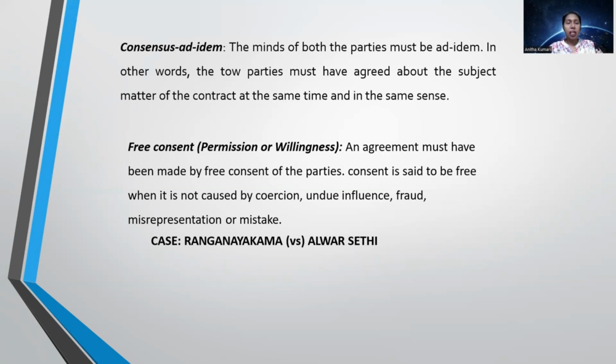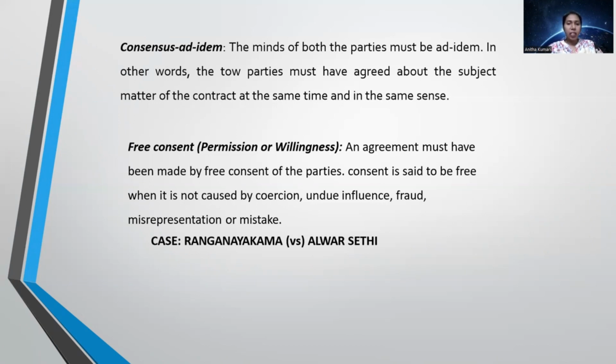So the relatives of Rangnayakamma forced Alwar Setti to adopt one child in the same family. Why? Because they didn't want the property and assets of Rangnayakamma to go into Alwar Setti's hand, since they were newly married.